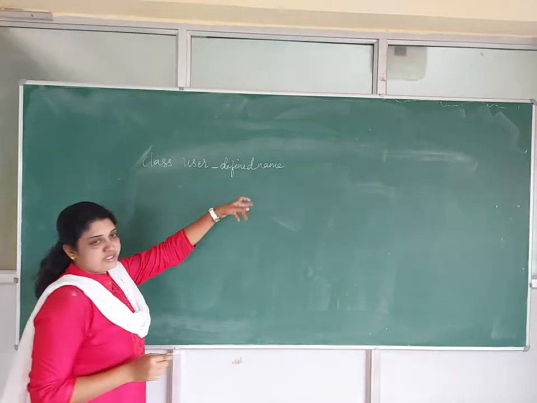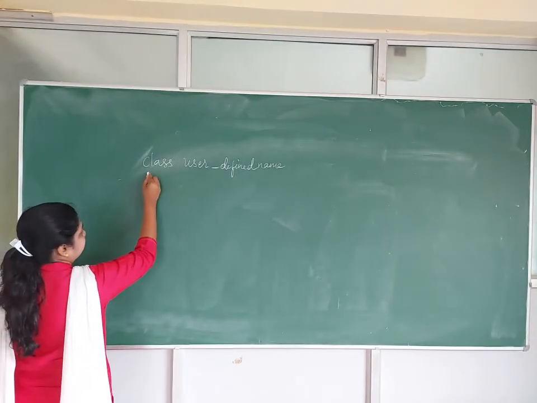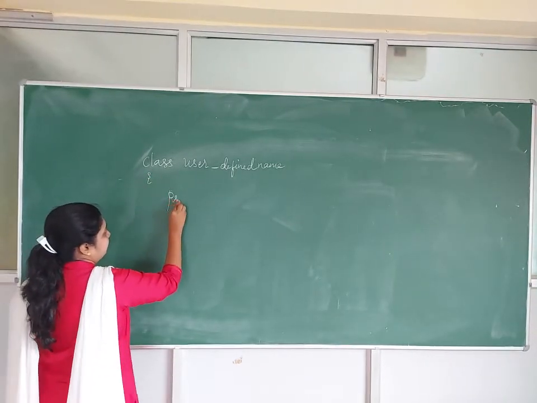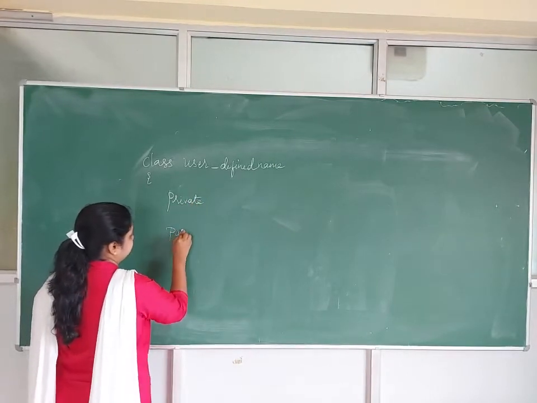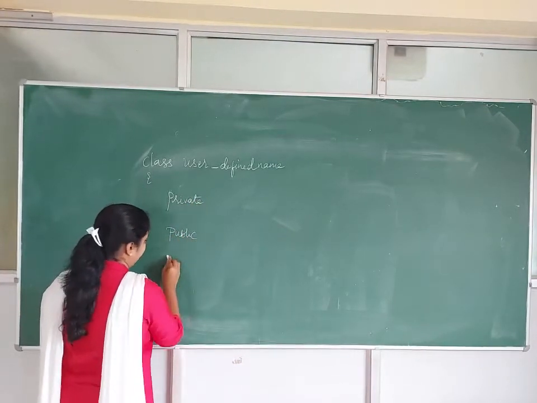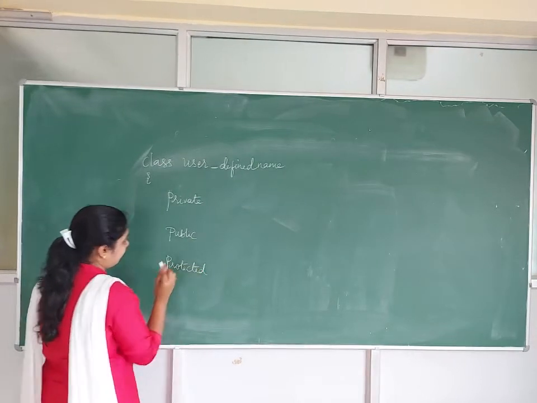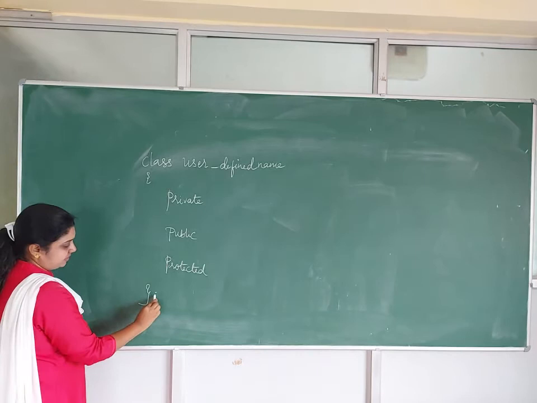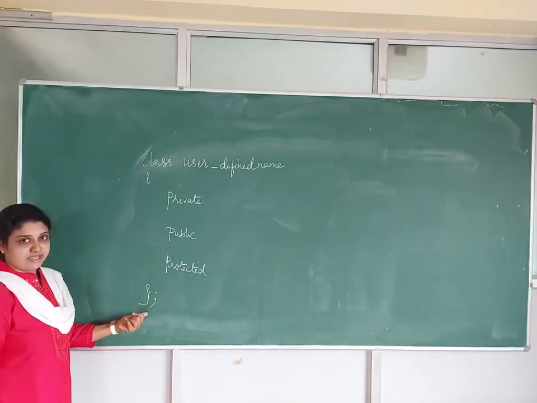Next, inside we have private, public, and protected, and a class always ends with a semicolon. This is compulsory. If you don't use this one, you will get many errors.